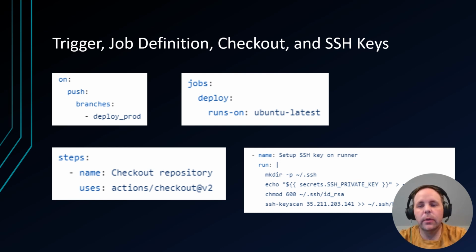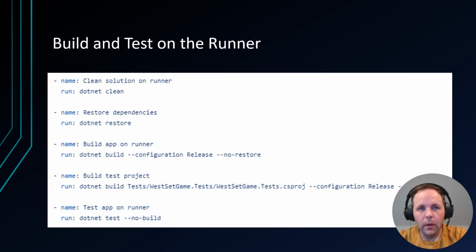It checks out the repository, and then there is this business of the SSH key, which is important to communicate with the server. The SSH key is stored in the secrets area of GitHub, so it's copied from the secrets area and then utilized here in the SSH key step. Then it's simply building on the runner and running all the tests using .NET commands.